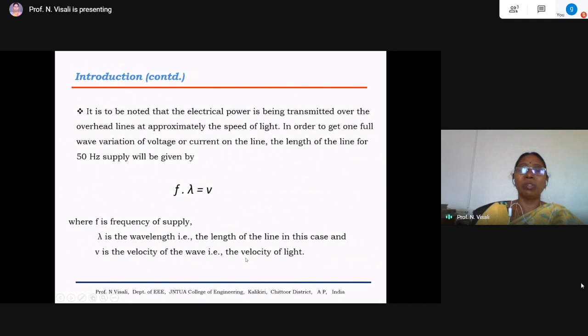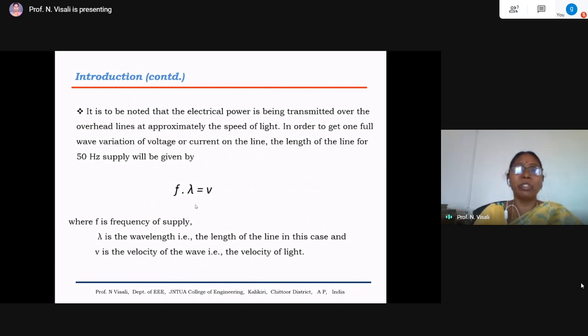So the power is transmitted similar to the speed of light. The speed of light varies as f into lambda equals v, where v is the velocity of light, lambda is the wavelength and f is the frequency. The same equation holds good for power transmission in the transmission system.